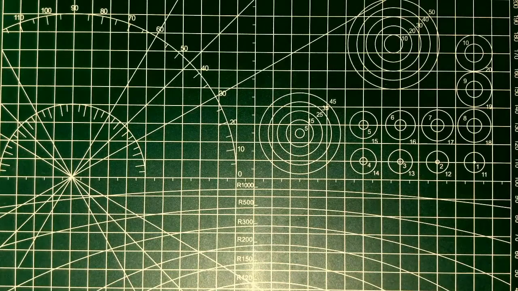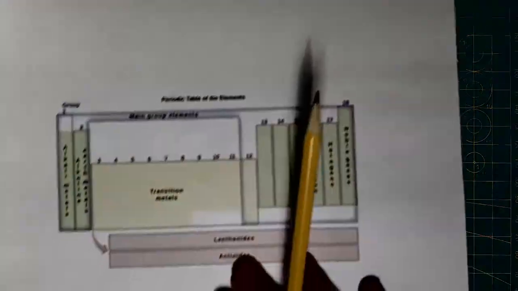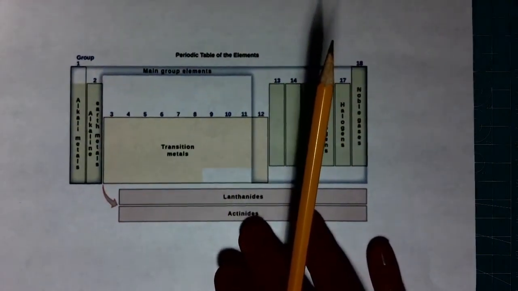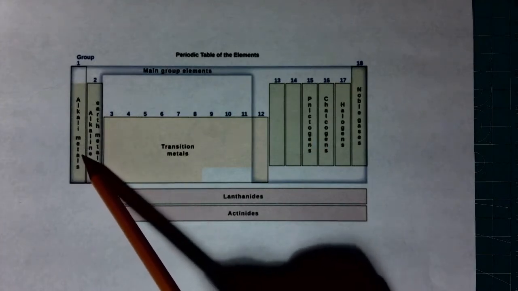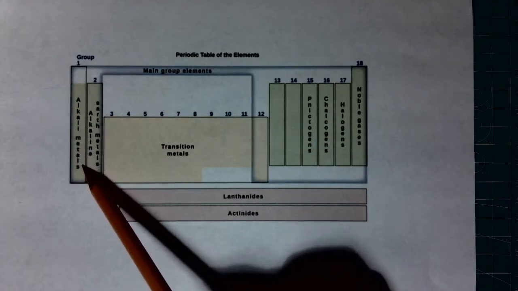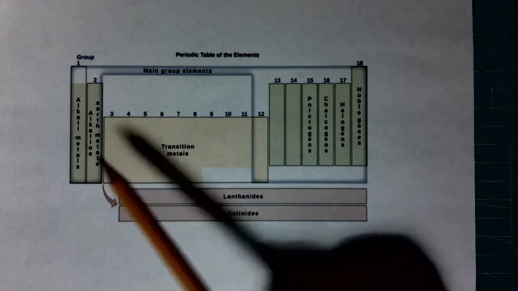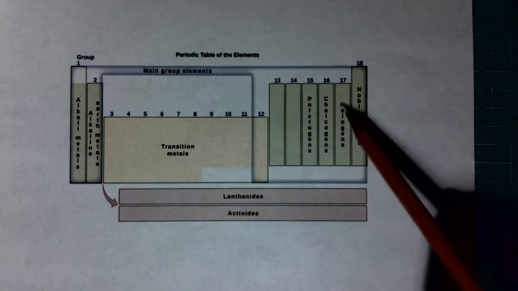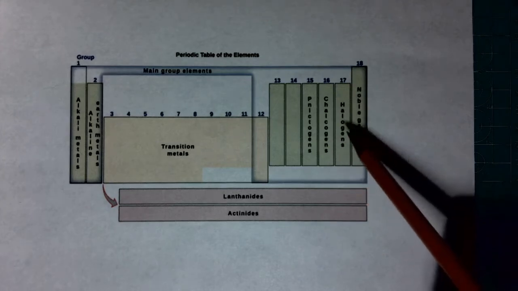Now, we talked about how the groups were important, and I want to show you this to show you that some of the groups even have special names. So here, like we talked about, we've got our alkali metals, our alkaline earth metals. We talked about the noble gases here. This group, 17, is also important. That is our halogens.